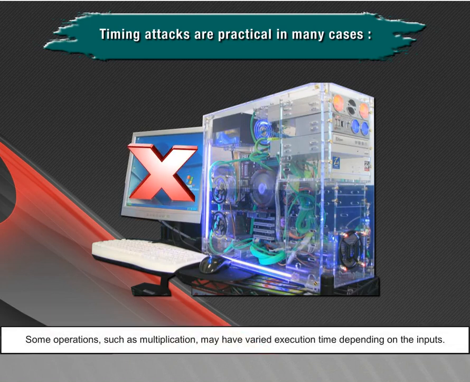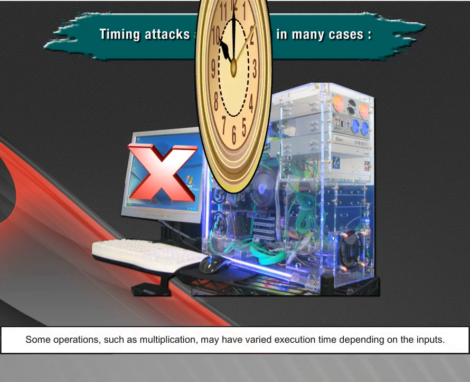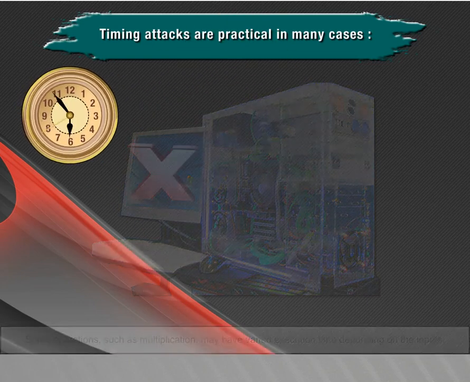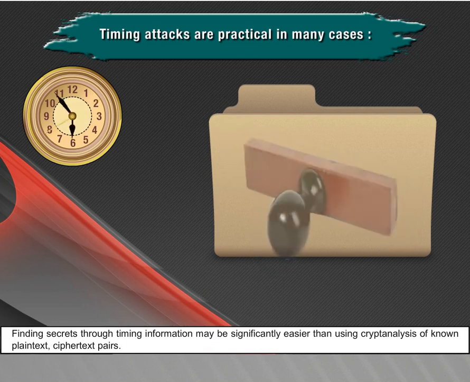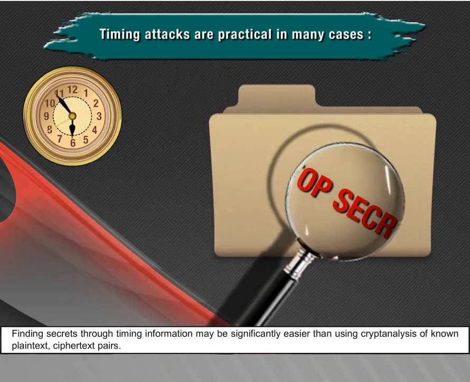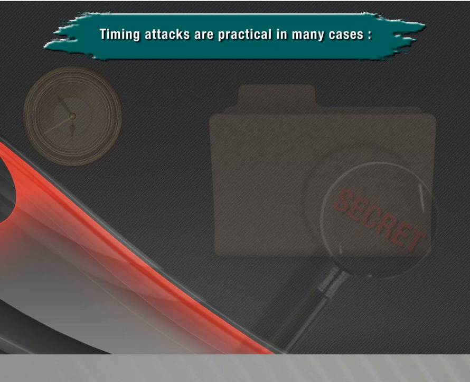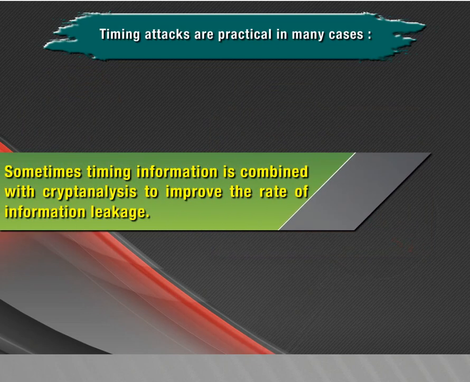Some operations such as multiplication may have varied execution time depending on the inputs. Finding secrets through timing information may be significantly easier than using cryptanalysis of known plaintext-ciphertext pairs. Sometimes timing information is combined with cryptanalysis to improve the rate of information leakage.